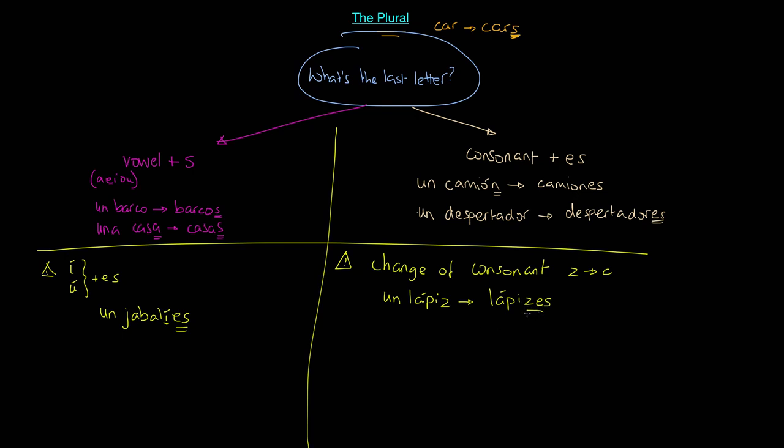However, in Spanish, we don't like the ZE combination, same as we don't like ZI. Whenever a Z and an E would be together, I change the Z for a C. The same happens if a Z and an I would be together. So this will become lápices. It's just a tiny thing, but bear it in mind when you've got a singular word that ends in a Z. When you put it in the plural, you're going to have to change it into a C.